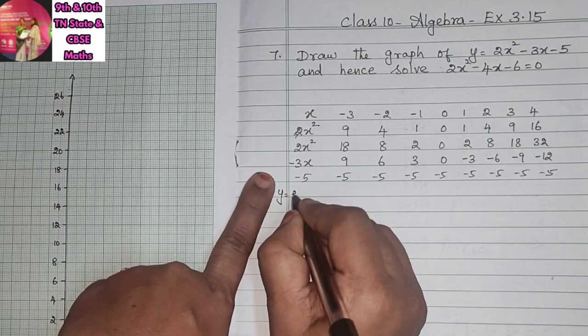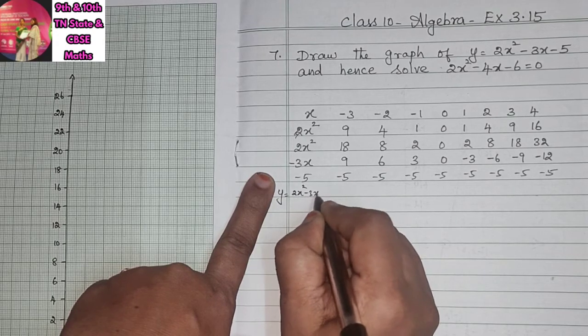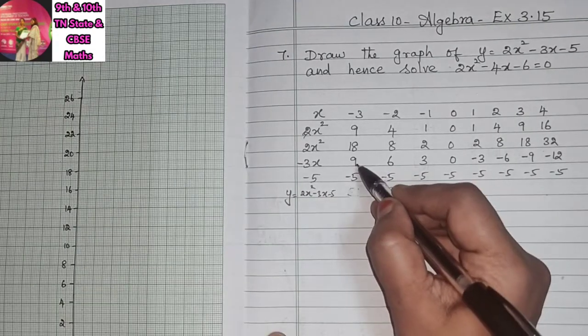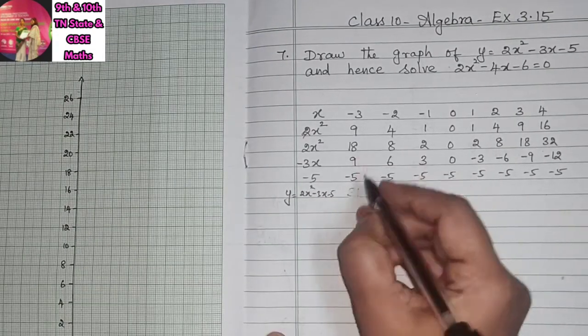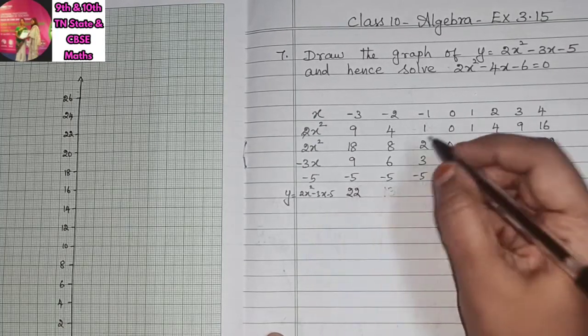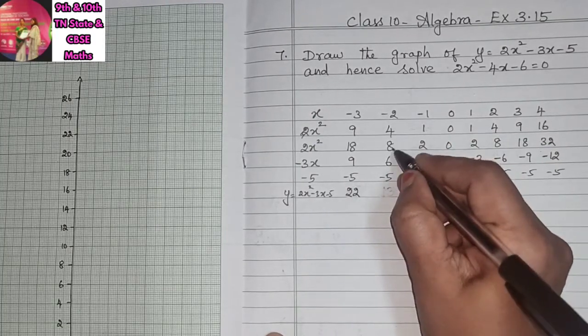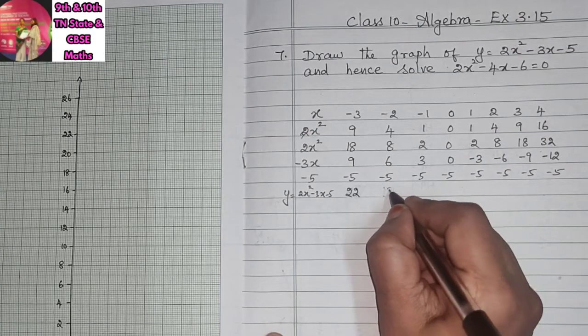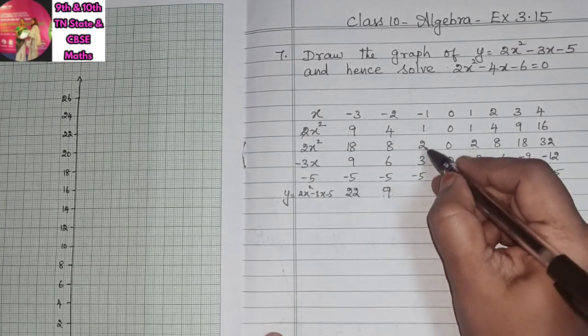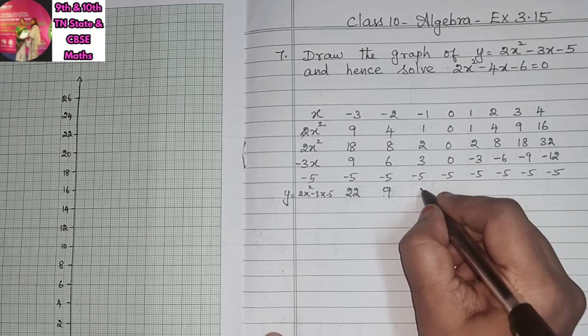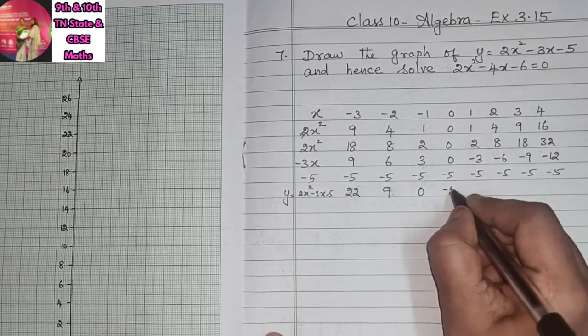y = 2x² - 3x - 5. So 9 minus 5 is 4. 18 plus 4, 22. Then 6 minus 5, 1. 8 plus 1, 9. Then 3 plus 2, 5. Plus 5 minus 5, 0. Then here -5.